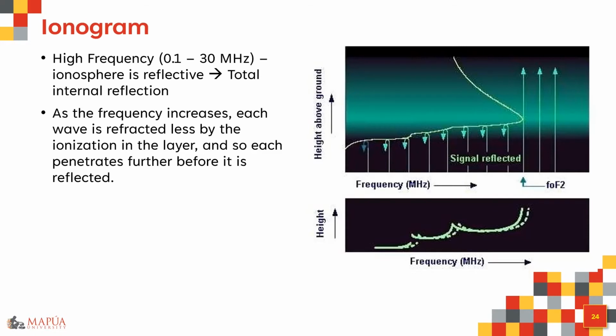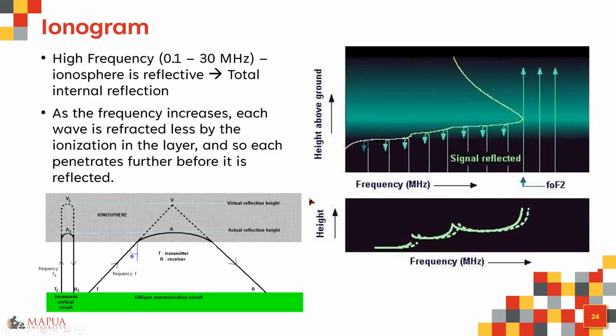Now, please take note that if the ionosonde transmits vertically, it is reflected back like this. If you calculate the time of arrival, what is perceived by the measurements is that the part of the ionosphere that reflects these radio waves is somewhere here.